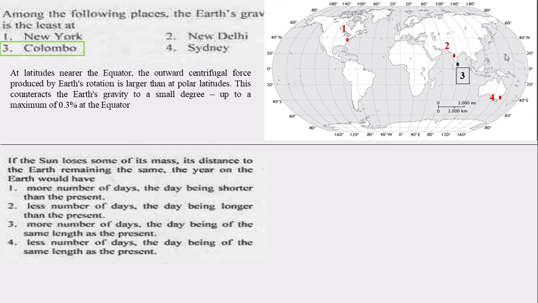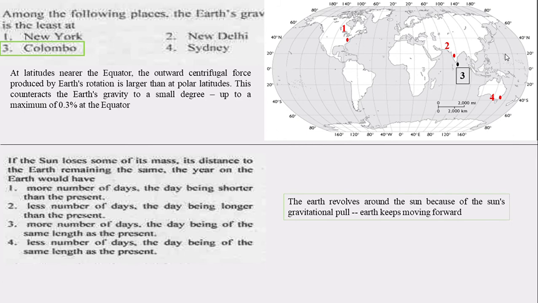You got it? The earth revolves around the sun because of the sun's gravity pull. And when the sun's gravity pull is reduced due to the reduction in mass, the answer will be more days. That is, instead of 365, there would be more than 365 days. But the day and night time will be the same as at present. There is no change in the daytime and night time. That is the answer.